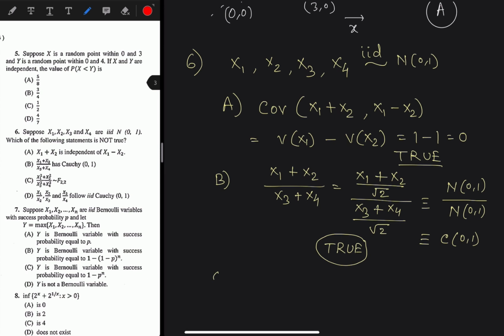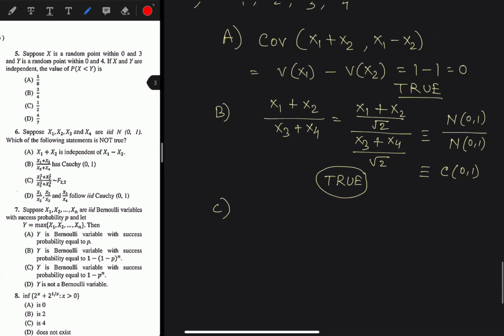Next, option C: x1 square plus x2 square by 2, by x3 square plus x4 square by 2. Now x1 square plus x2 square is a function of x1 and x2, and x3 square plus x4 square is a function of x3 and x4, and x1, x2 and x3, x4 are independent of each other, so obviously the numerator and denominator are independent.